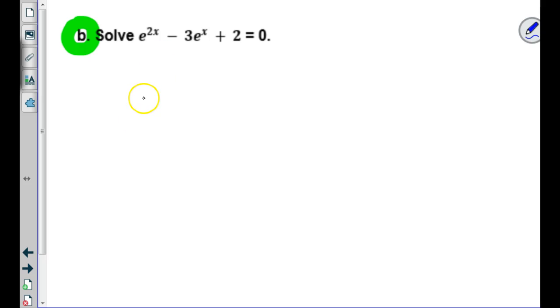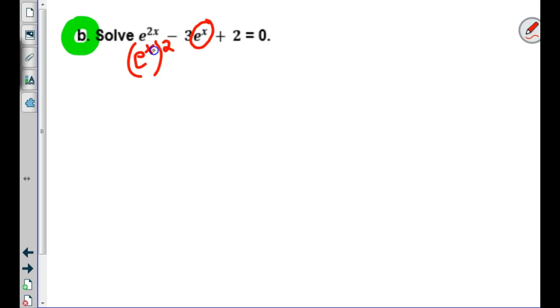All right. Yeah, this is a whole different world. We're going to factor. Does anybody have any clue how we're going to factor that? If e to the x, this is an e to the x squared.